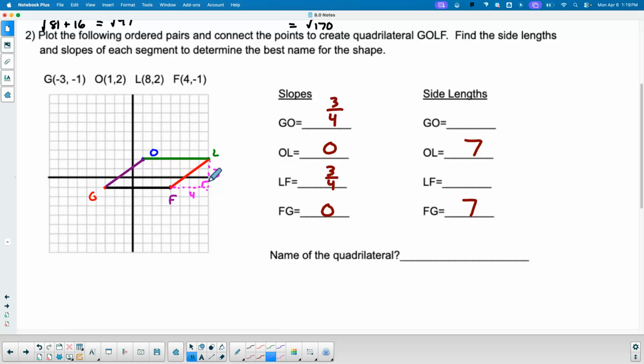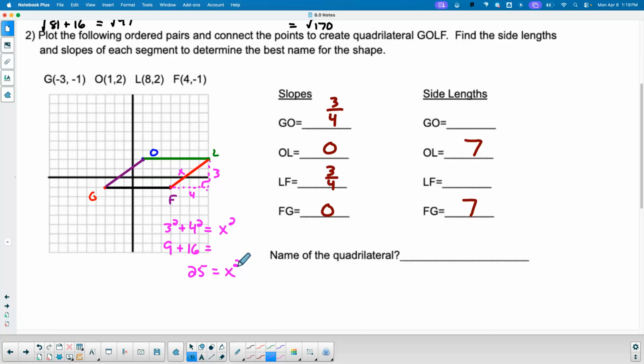So there's my right triangle. So 3 squared plus 4 squared is going to equal x squared. 3 squared, 4 squared, 9 plus 16. But that's x squared, right? So what do I have to do to find just x? Square root.